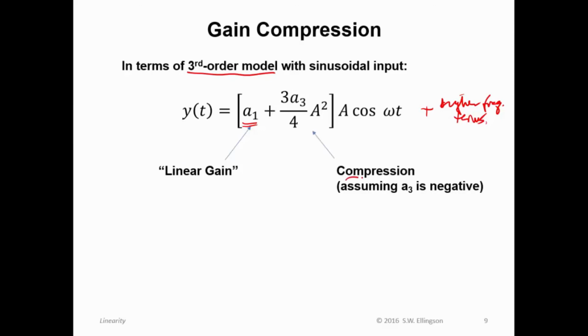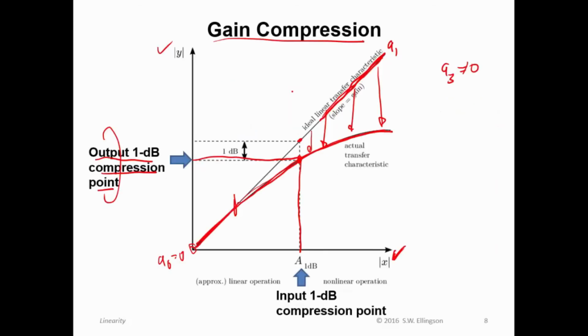Now, this is really only compression if A3 is negative. If A3 has a negative sign, then we get this particular characteristic. If A3 were positive, we would get the opposite curve. We would get something that looks like this.